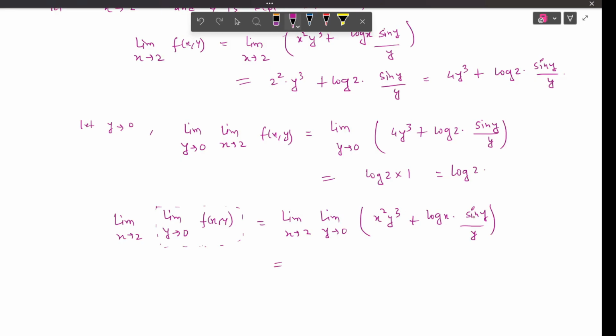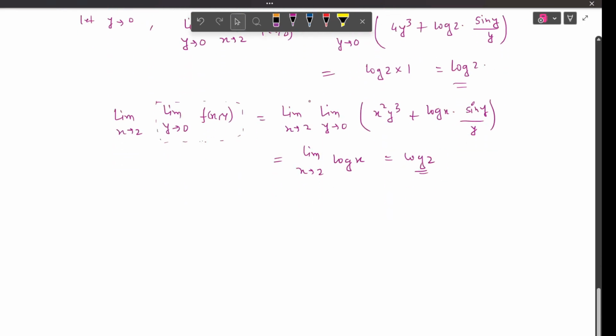If you put 0 here, limit y tends to 0, sin of y by y will be 1. Log x is constant here, and if you put 0, you will get only log x. So limit x tends to 2, log of x gives log of 2. So you can see that both the values are equal. So we can say that the two repeated limits are same. Okay. So that's how we represent this.